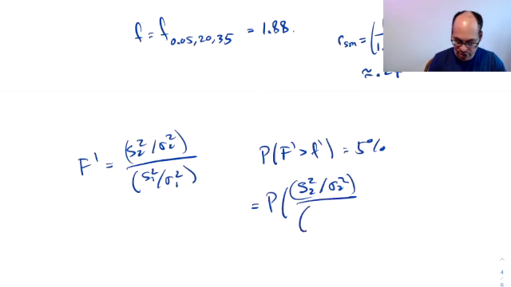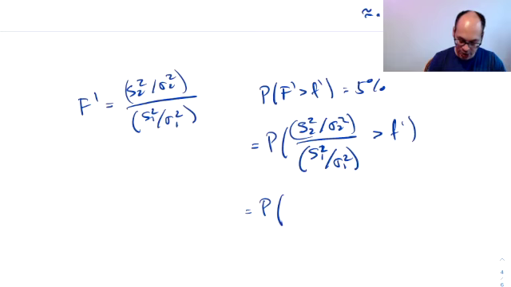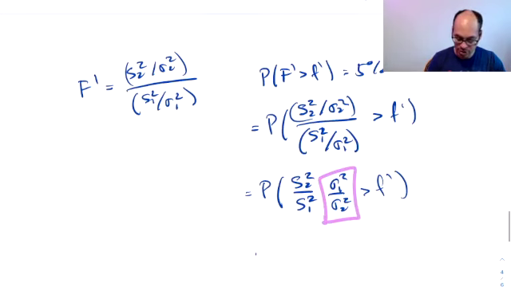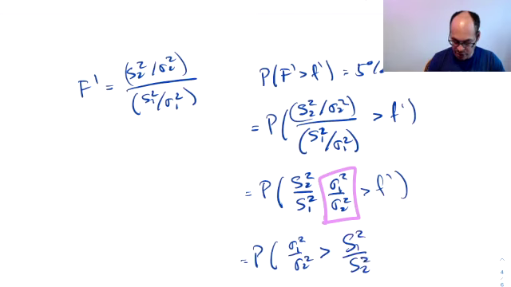So it's S2 squared over sigma 2 squared, S1 squared over sigma 1 squared, bigger than little f prime. Now let me break that fraction up a bit so that I can extract from it my parameter of interest, sigma 1 squared over sigma 2 squared. I'm really interested in this particular parameter and bounding it. So I'm going to solve this inequality for it and keep it on the left-hand side. And I get that this is at least S1 squared over S2 squared, f prime.